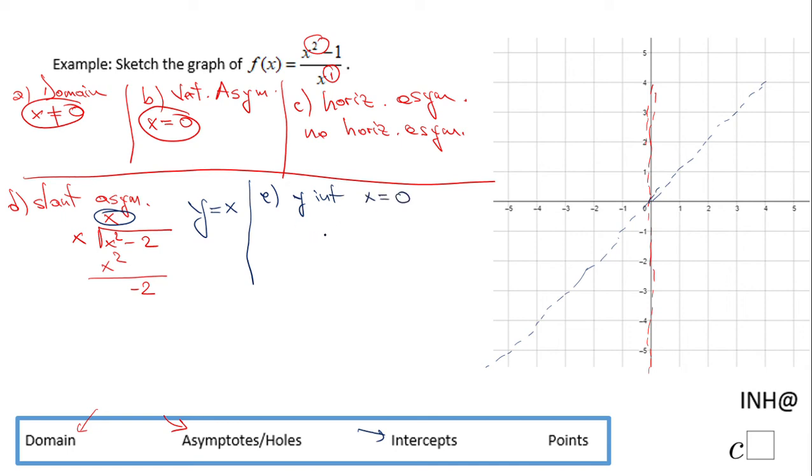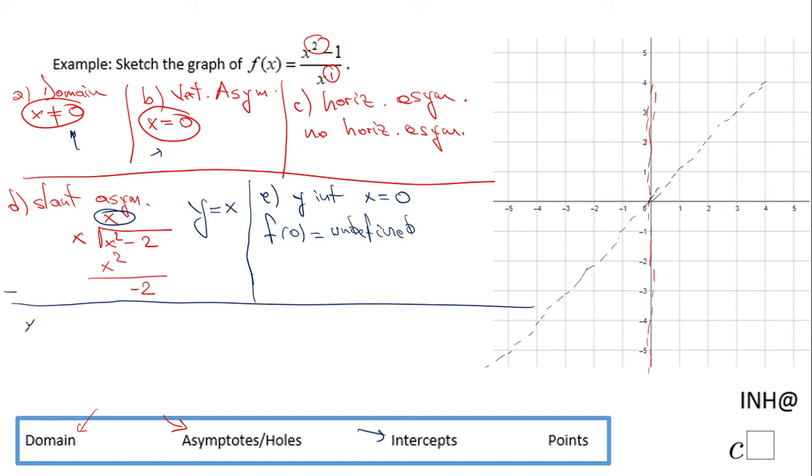And in this case, if we plug 0 in the function, we remember, look at here or here, that is undefined. We cannot do it. So we do not have a y-intercept.